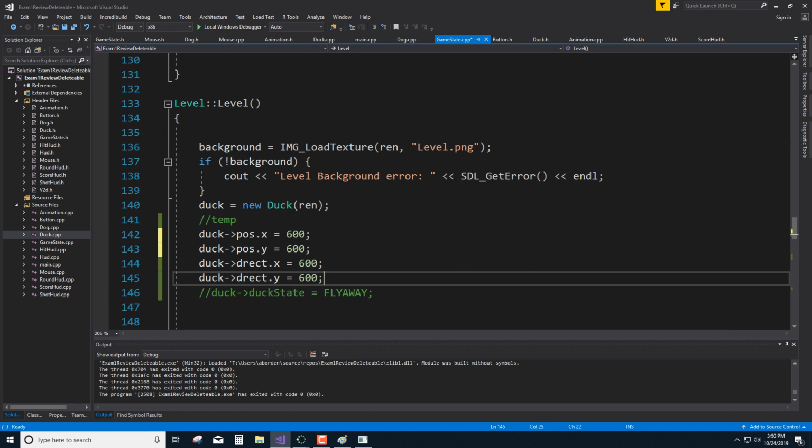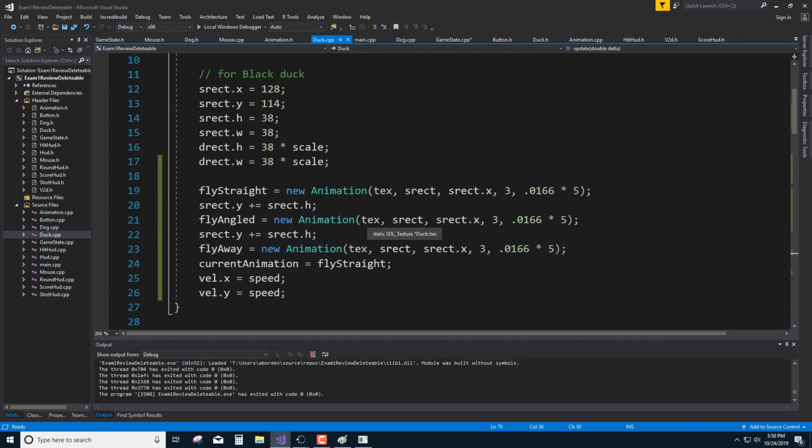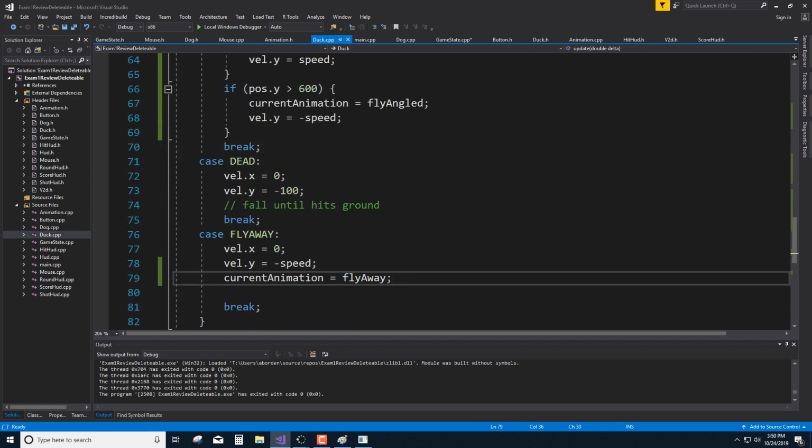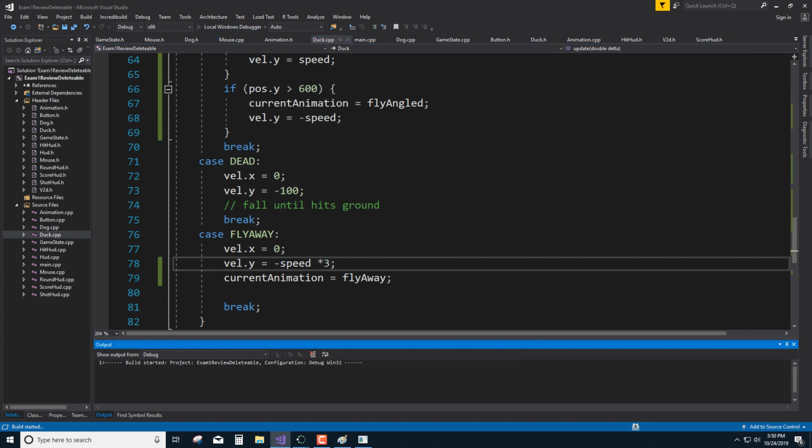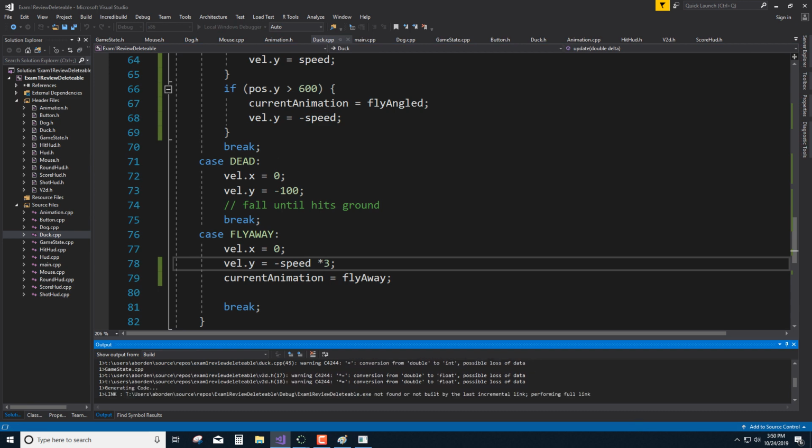And the last thing I want to do for that is when he's flying away, it should be flying faster. So in the duck fly away state, down here we can say negative speed times 3, and then he'll fly away 3 times faster than normal.